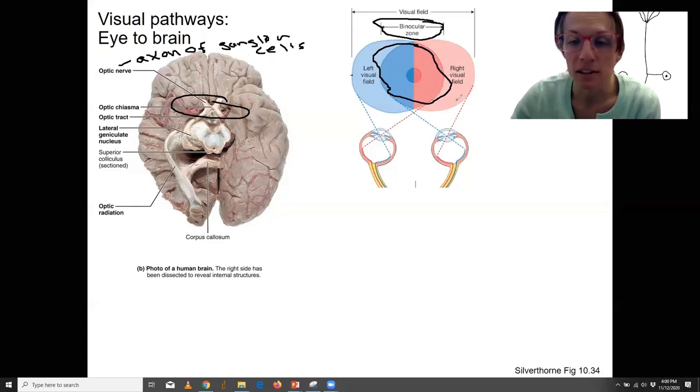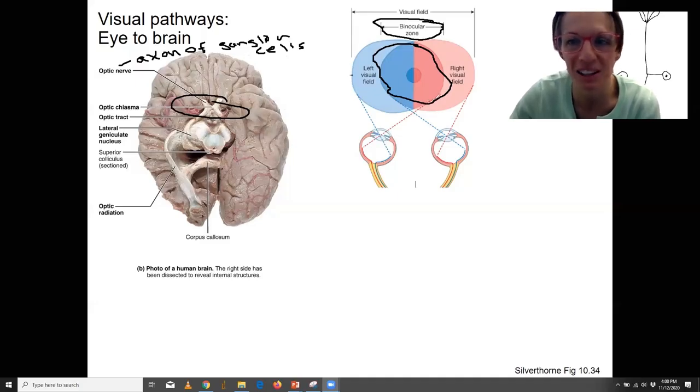And what happens then is the visual field from the information from each eye travels both ipsilaterally and contralaterally. So let's look at what that looks like as we go back into the brain. So you can see here, the right visual field is in red. What is seen by the right visual field hits both eyes, right?